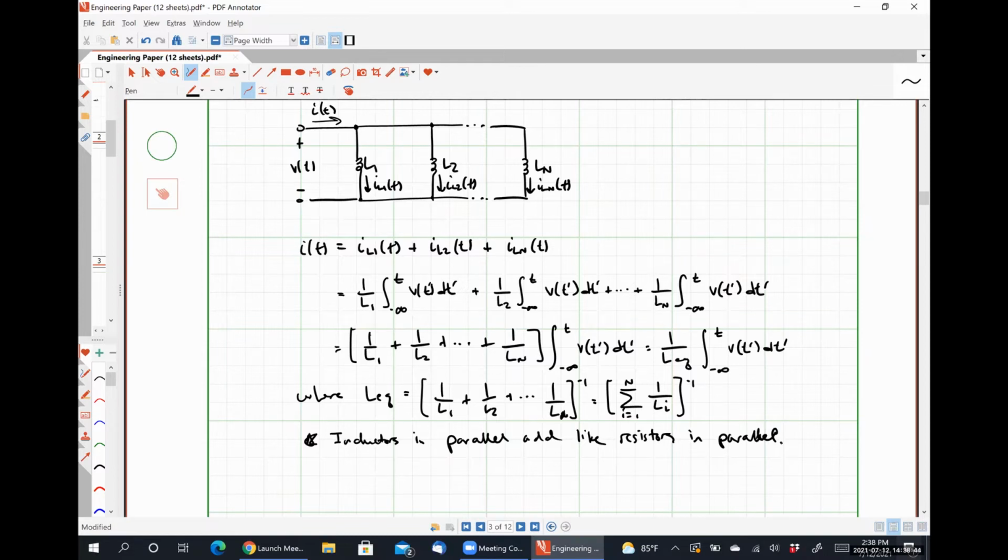Because inductors still have to obey Kirchhoff's current law and Kirchhoff's voltage law. So inductors in parallel have to have the exact same voltage drop across them. And the current through the inductor is related to both the voltage across the inductor and the inductor value itself. But it's not a simple relationship like we saw with resistors. There's an integral involved.